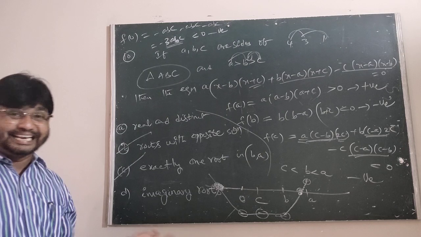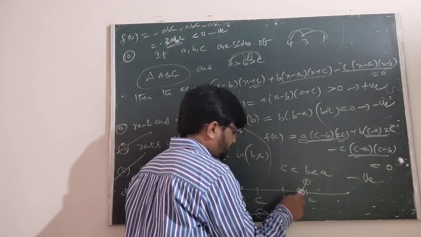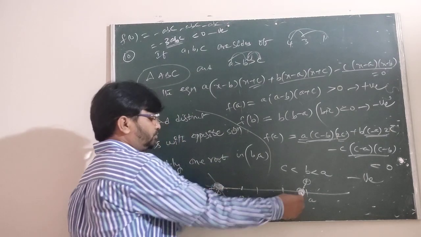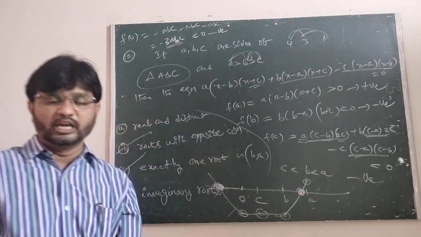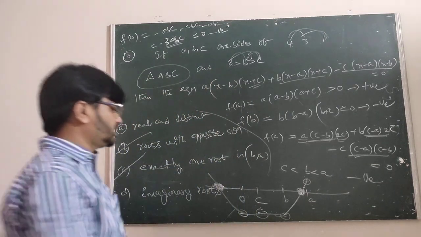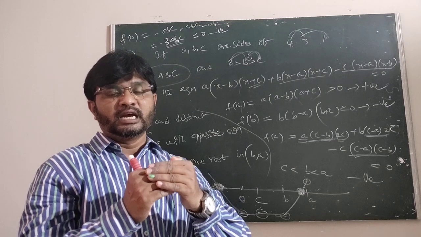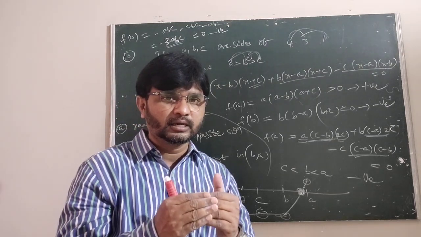But the roots are real and distinct. These two roots intersect the x-axis at two distinct points. When the curve meets the x-axis in two distinct points, the roots are real. If the curve does not touch the x-axis, the roots are imaginary.